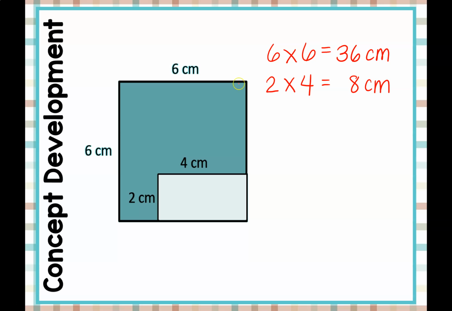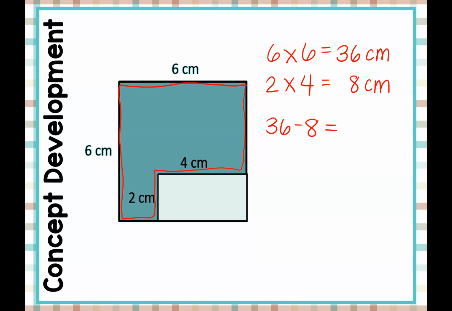So how do you think we could find out what the area of this part of the shape is? We don't know what that area is. What do you think we could do with these two numbers, 36 and 8? We are going to subtract. So we're going to take 36 minus 8.